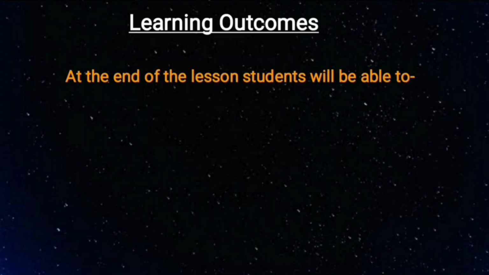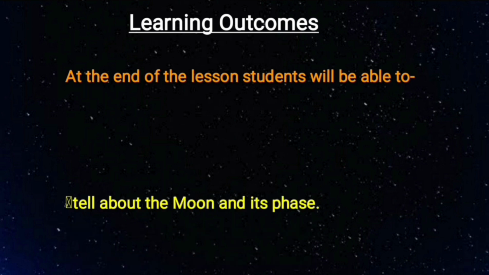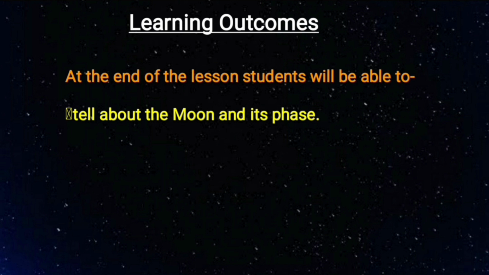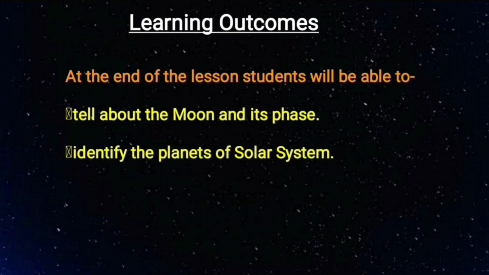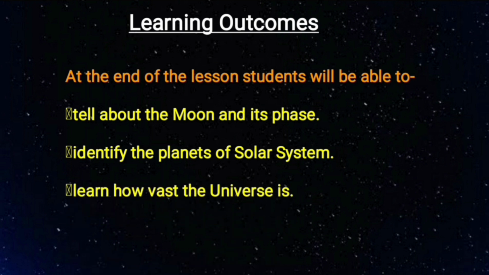Learning outcomes. At the end of the lesson, students will be able to tell about the moon and its phase. They will identify the planets of solar system and they can learn how vast the universe is.